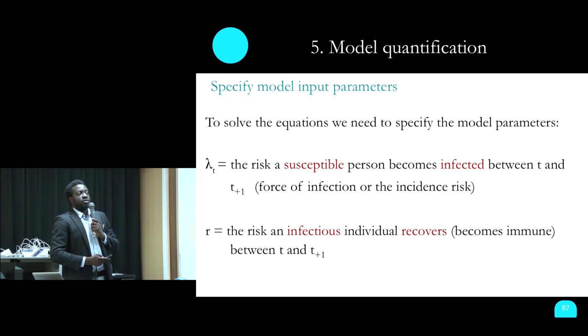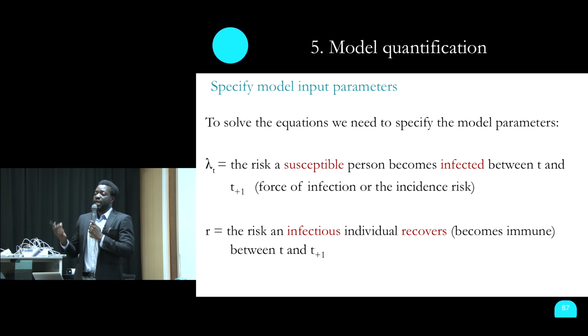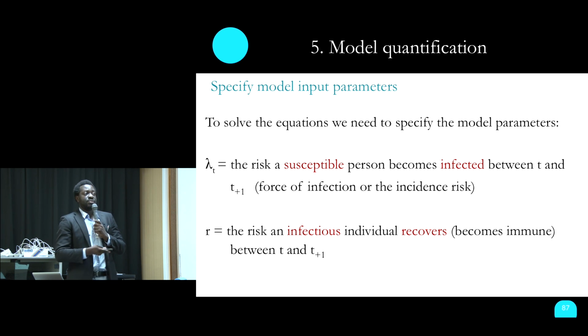The fifth step, after making the equations, is that you need to specify the model inputs. They call it model quantification. Model quantification means you need to provide the values for each of the parameters in your model. For example, lambda t is the risk of a susceptible becoming infected.